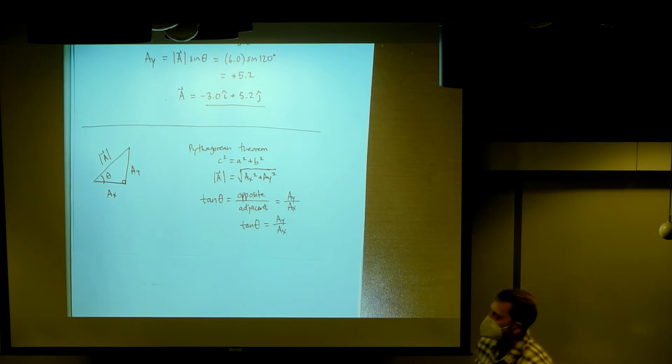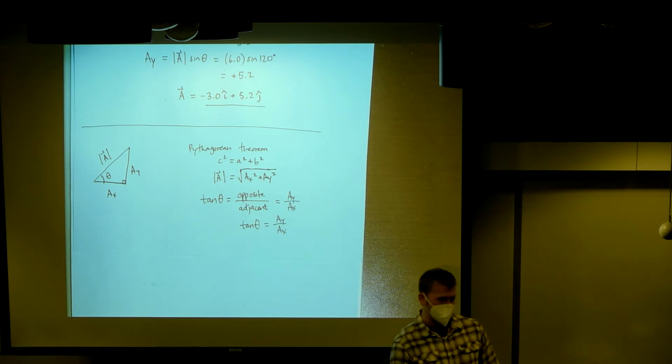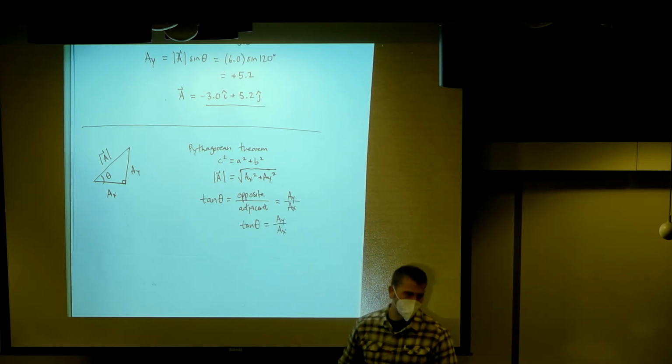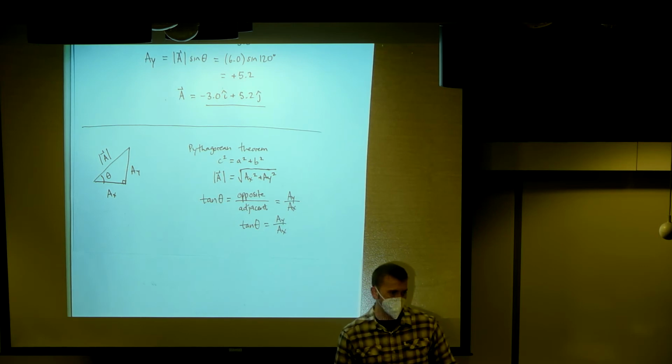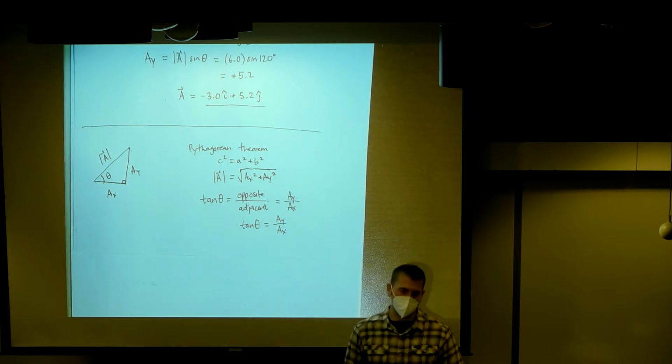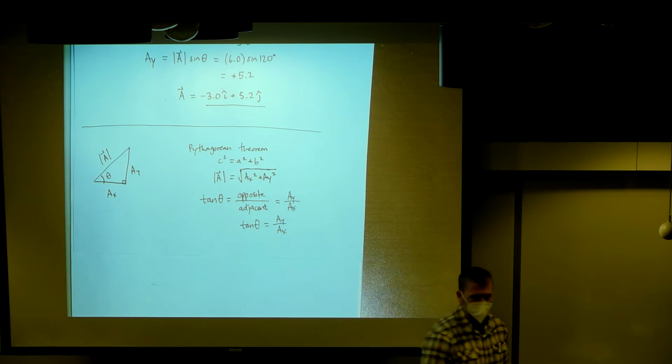Inverse tangent. Yeah, so I would take the inverse tangent of y over x, but there's actually some subtlety to that we have to get into, okay? So when you take the inverse tangent, don't just blindly trust what your calculator is telling you. There's a little bit of subtlety to this, so we'll get into that next, okay?